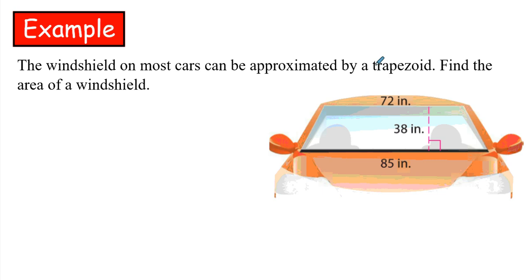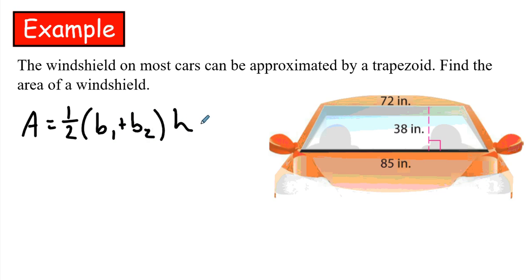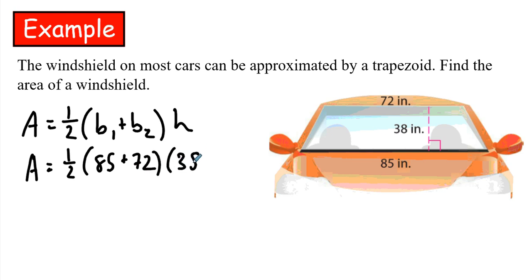The windshield on most cars can be approximated by a trapezoid. Find what the area of the windshield would be. How much glass would it take? The area of a trapezoid, which is our approximation here, is 1/2 the sum of the bases, b1 plus b2, times the height. Does it matter which one I call b1 and b2? It absolutely does not. So area is 1/2 times 85 plus 72 times the height of 38.